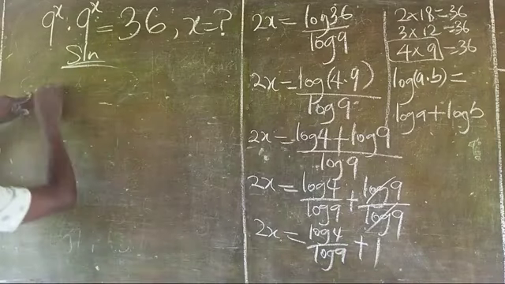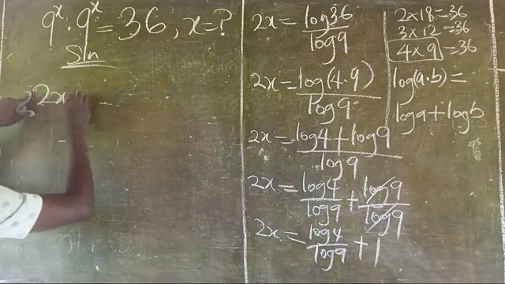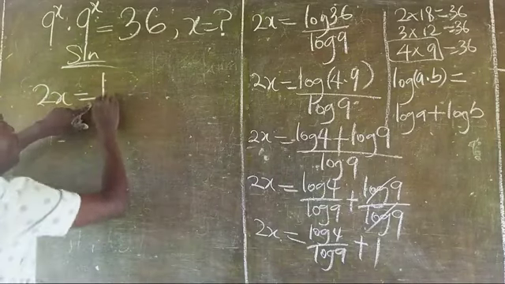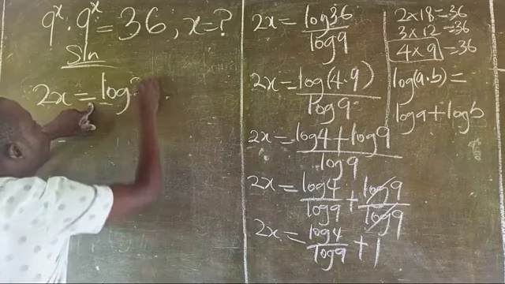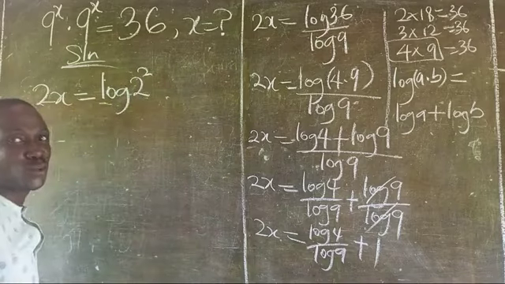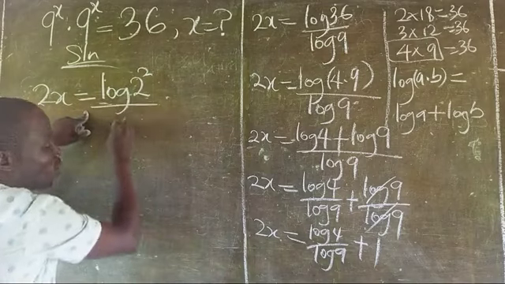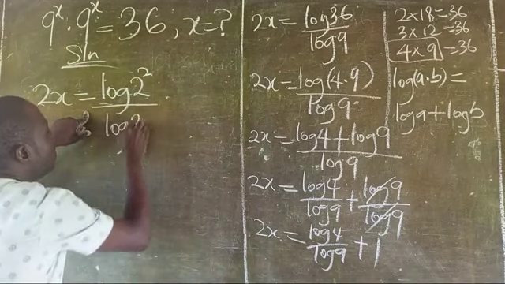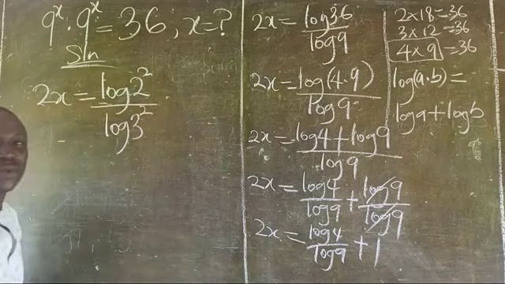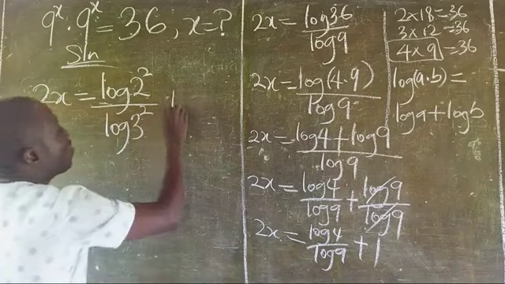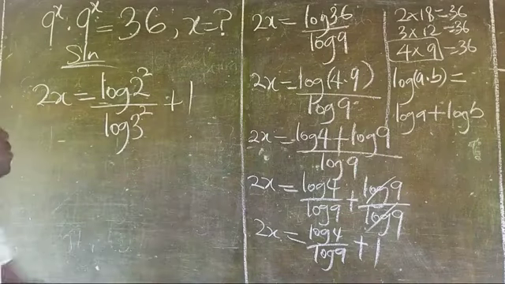So from there we have 2x equal to log 2 raised to power 2, 2 raised to power 2 is 4. And then log 3 raised to power 2, and 3 raised to power 2 obviously we know to be 9, plus 1. Don't forget the 1.